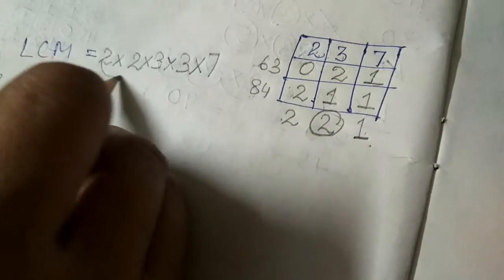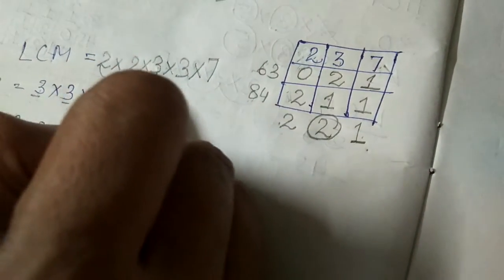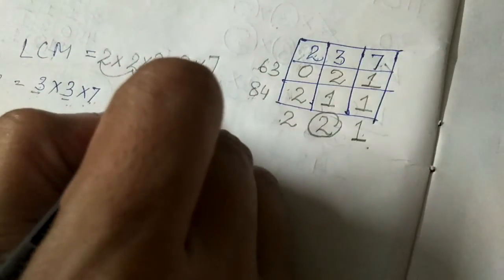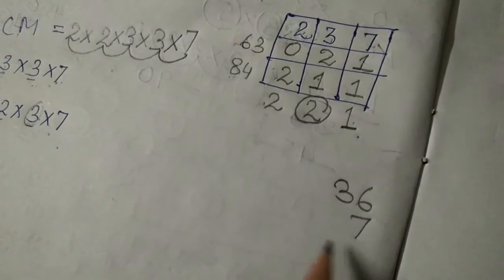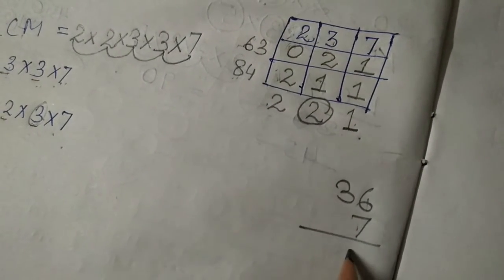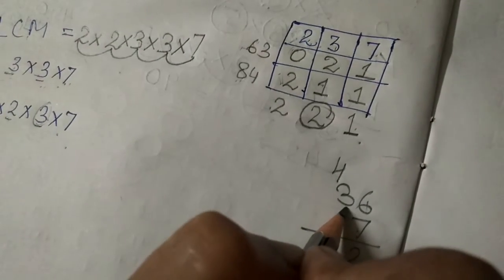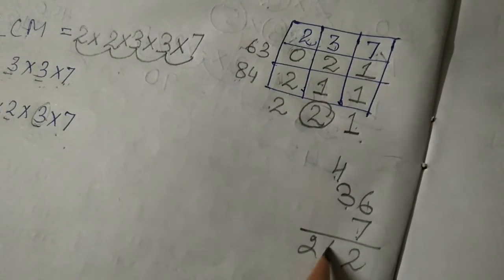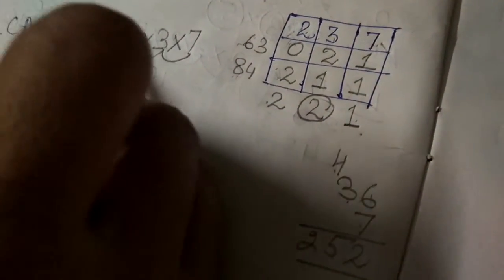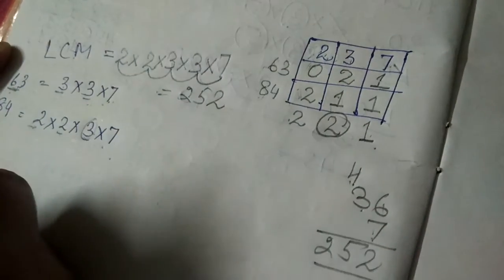Only 1 time. Okay, so 2 twos are 4, 4 threes are 12, 12 threes are 36, and 36 multiplied by 7, let us do it. See, 7 sixes are 42, 2 carry over 4, 7 threes are 21, 21 plus 4 becomes 25. Okay, so 252 will be the answer.